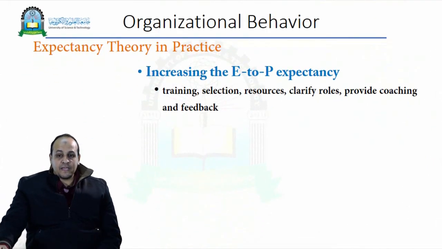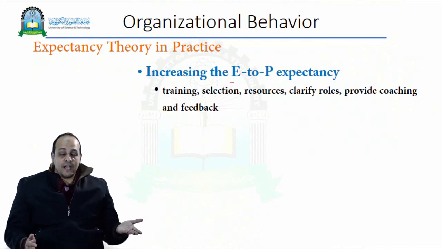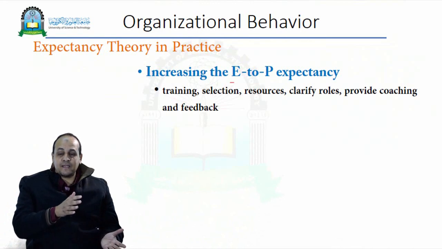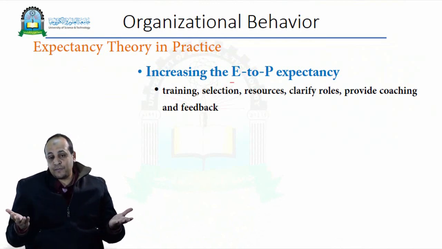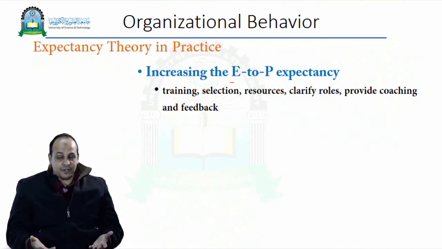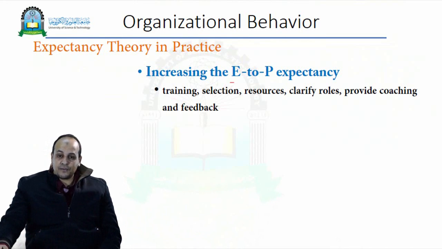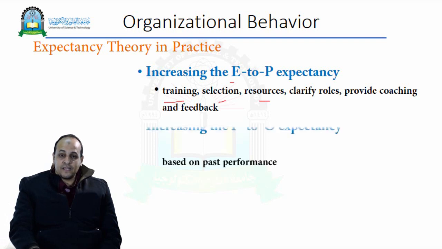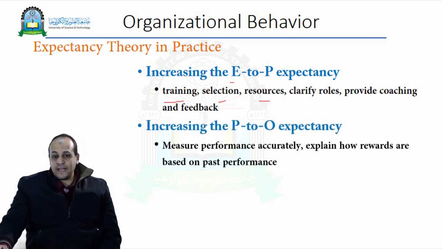So here, increasing the E to P expectancy, which is the effort, I try to maximize the kind of effort so that I come up with the right performance I'd like to get as a manager. So here, these are the strategies, maybe through training, the right selection, resources, clarifying the rules, providing coaching and feedback. When I'd like to increase performance, that is P to O expectancy.